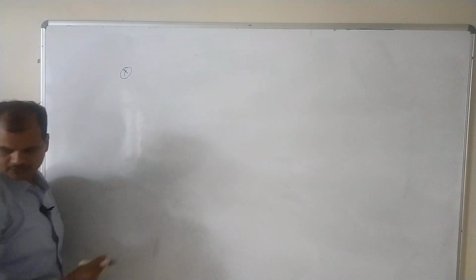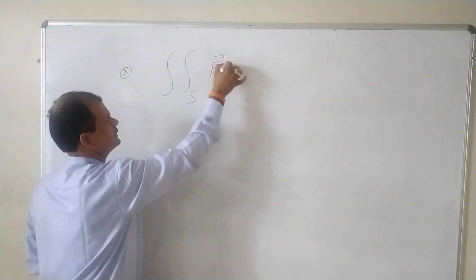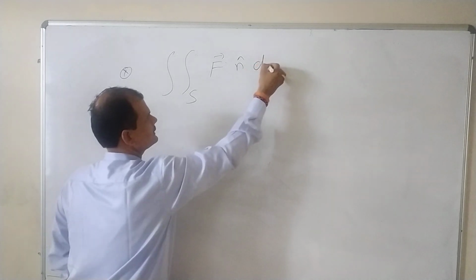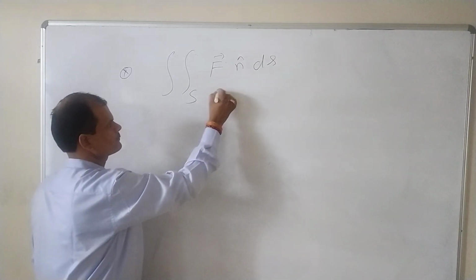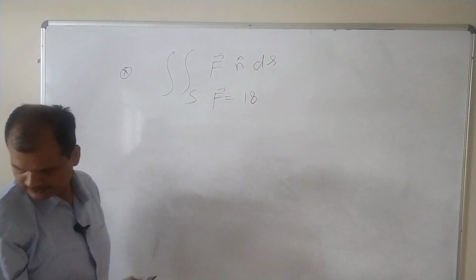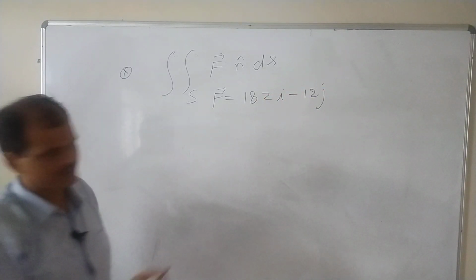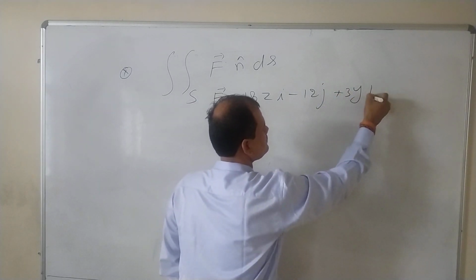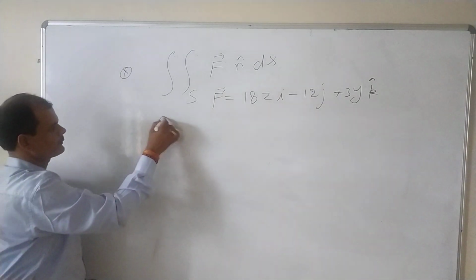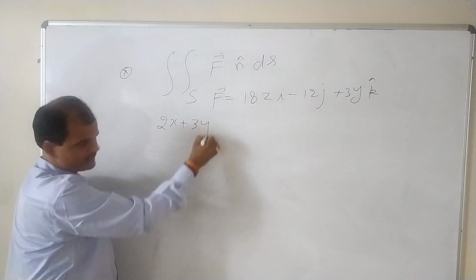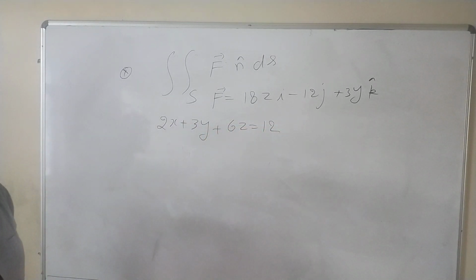Let us find the surface integral over S of F · n cap dS, where F is given as 18z i minus 12 j plus 3y k, over the surface of the plane 2x plus 3y plus 6z equal to 12 in the first octant.